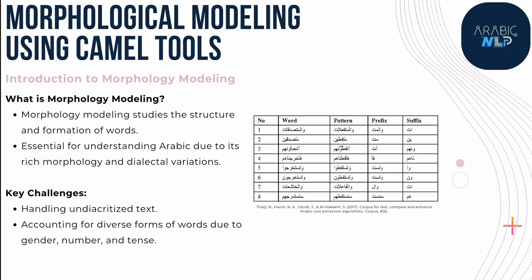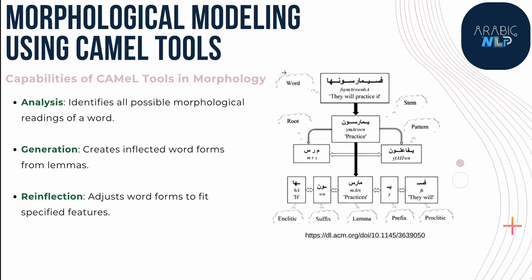So this is one of the examples, so we can see how from this word we can get the pattern, the prefix, the suffix. So we need some tool to analyze these words into different forms. Okay, so this is what makes CAMeL Tools able to do the morphology modeling, with key capabilities.